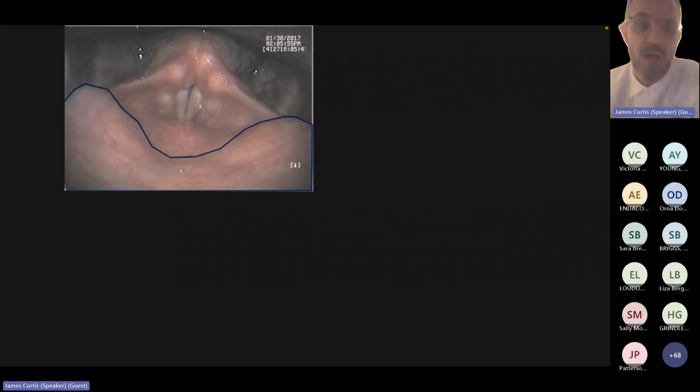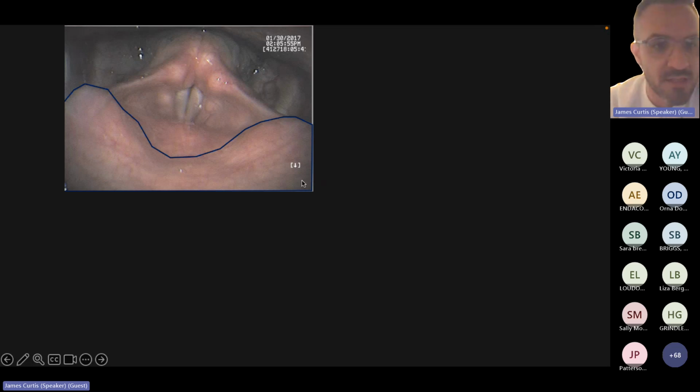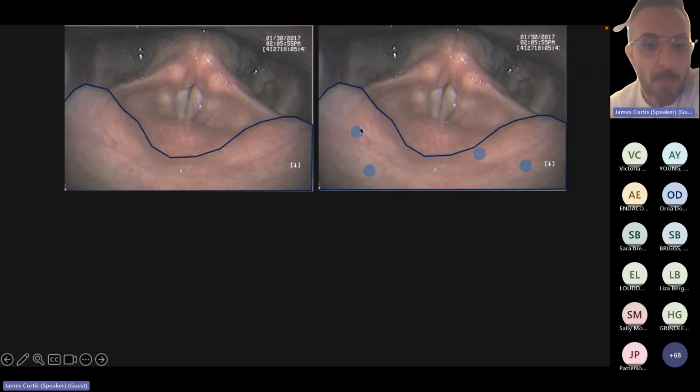So if we look at the epiglottis here, we're looking at, I would say, maybe around 3/4 of the epiglottis. You can see that some of the epiglottis is cut off. So we're seeing around 75% of the epiglottis. And we don't see any residue here. Here I used some image software to put some of these blue dots on here.